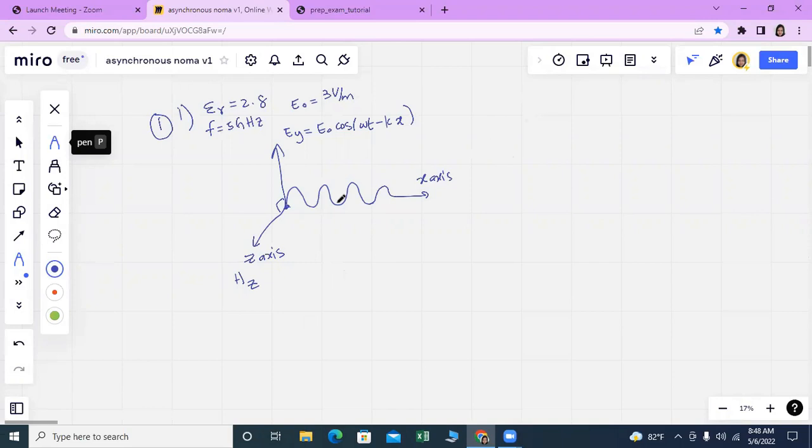In our lecture, we learned that the ratio of the electric field and the magnetic field is equal to the intrinsic impedance of the medium.